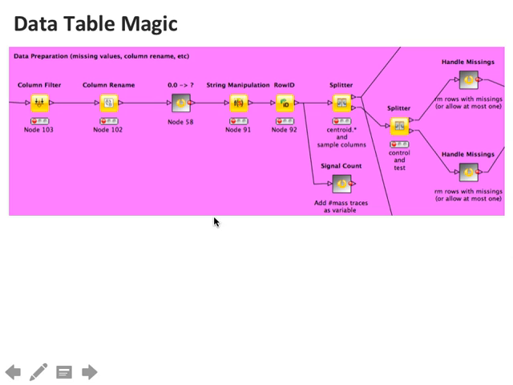So that is a bunch of nodes that are not OpenMS nodes, but are actually built-in KNIME nodes. Just so that you see them, you can filter out columns, remove the stuff you don't care about. You can rename these columns so that instead of sample 1, it says control 1 or control 5 or whatever you have.